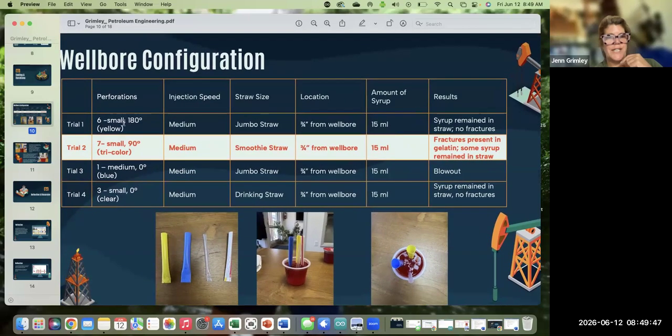So the two variables that I was changing were the perforations and the straw size. For the jumbo straw, the yellow one, the syrup remained in the straw and there were no fractures because I couldn't get the syrup to get forced out of the well bore.